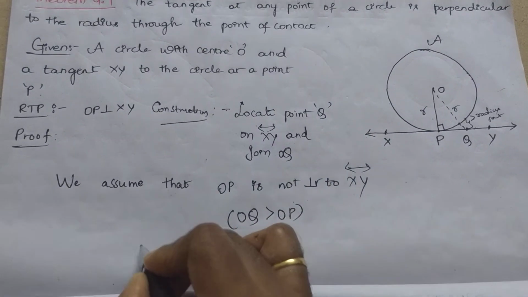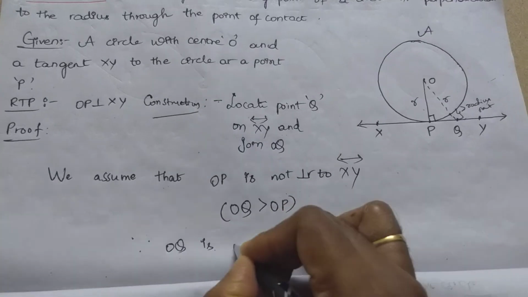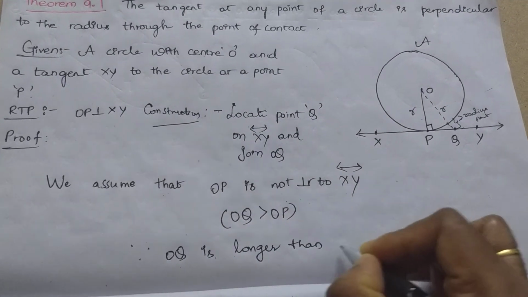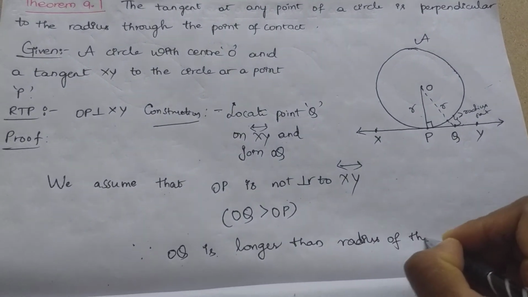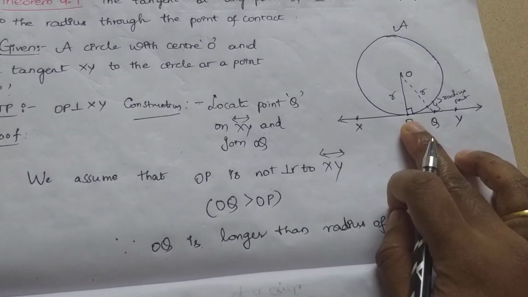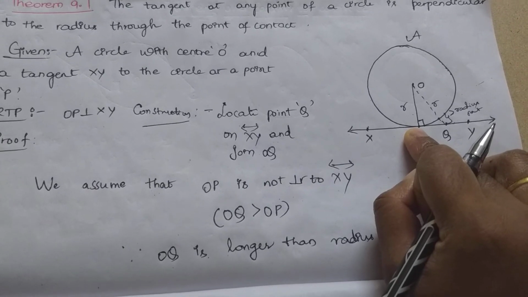Write the same thing here. Since OQ is longer than the radius of the circle. So here OP is the shortest distance. So what does it mean?